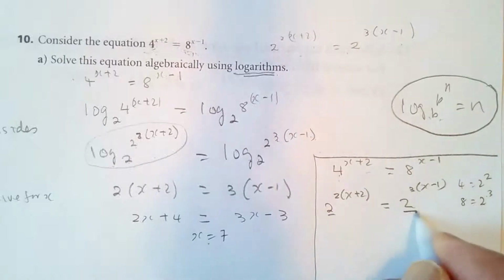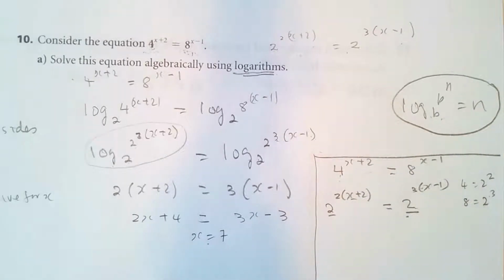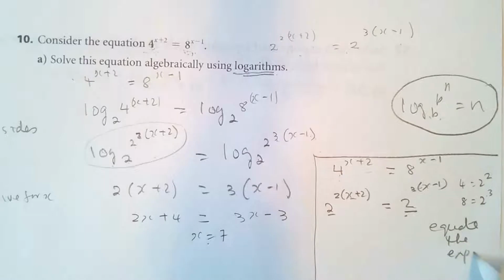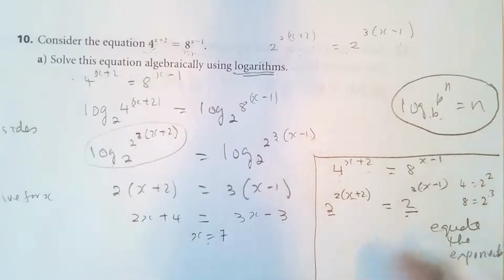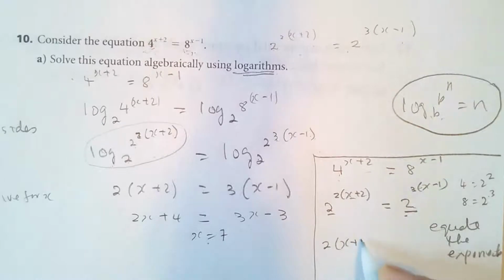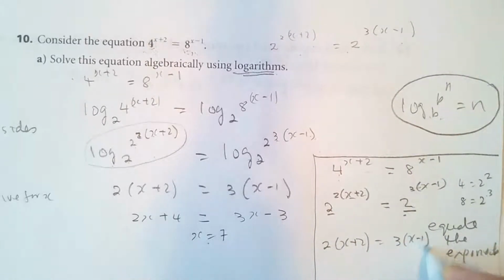Now since the bases are the same, the exponents must be equal. So we equate the exponents. We have 2x plus 2 is equal to 3 into x minus 1.